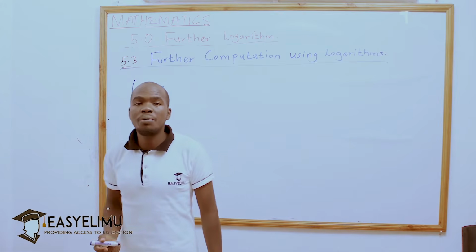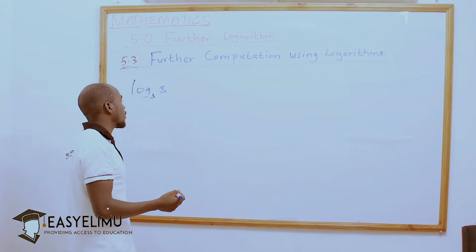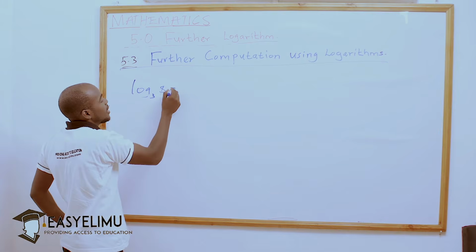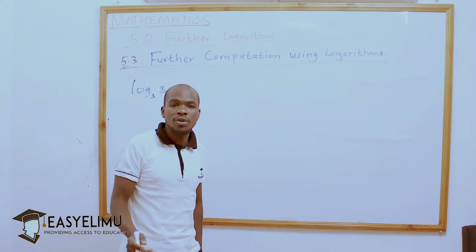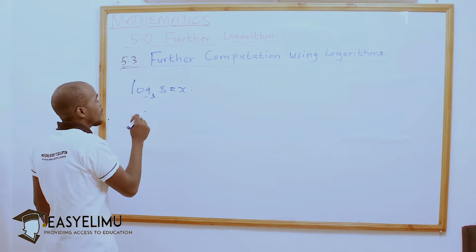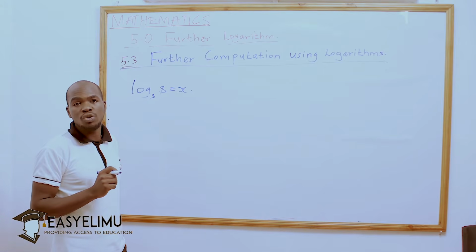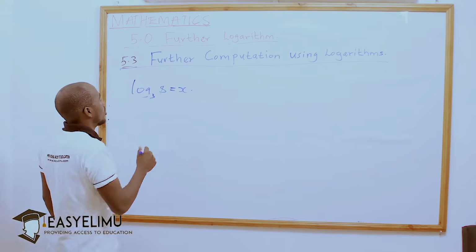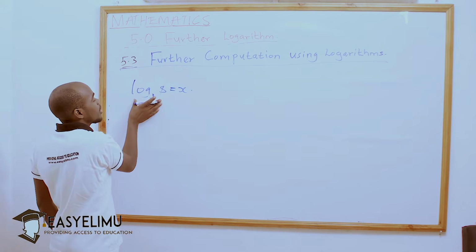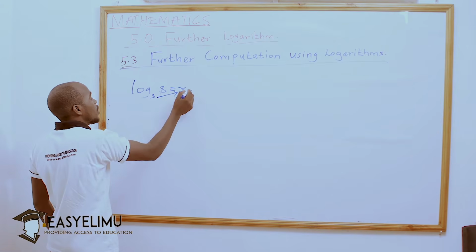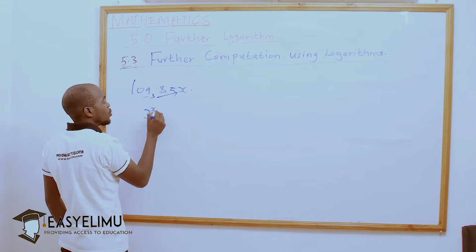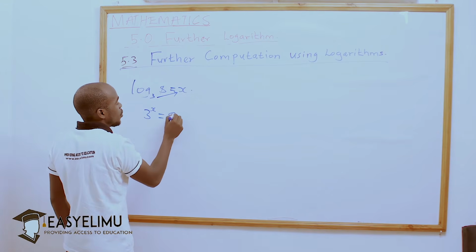In order to make it to base 10 so as you can use it, you will say, let this log be equal to x, or whatever you decide. Then you write it back into index notation. You remove it from logarithmic notation to index notation, whereby 3 is raised to x, so you have 3 raised to x is equal to 8.